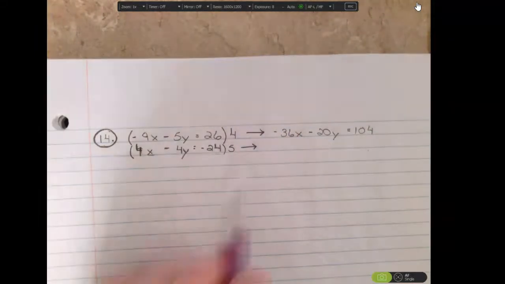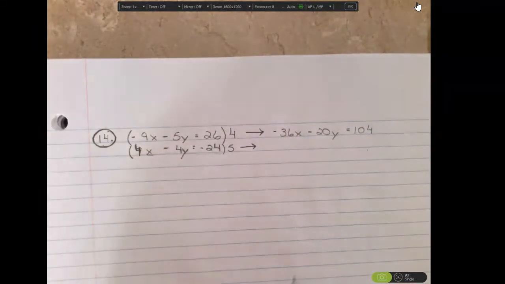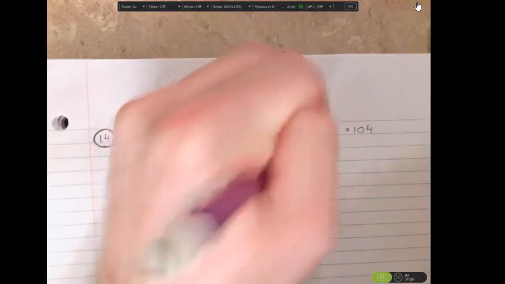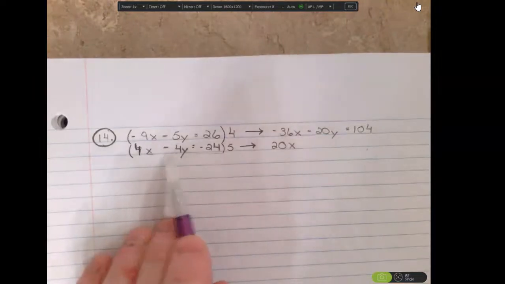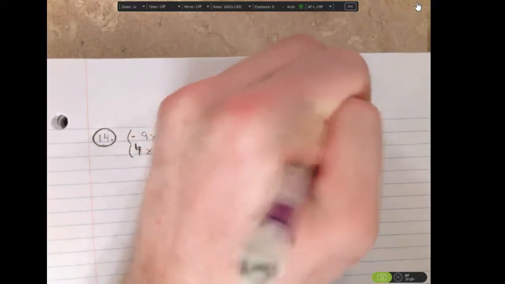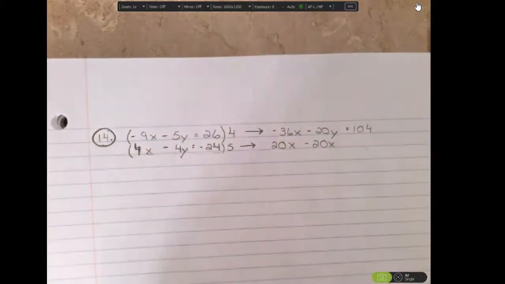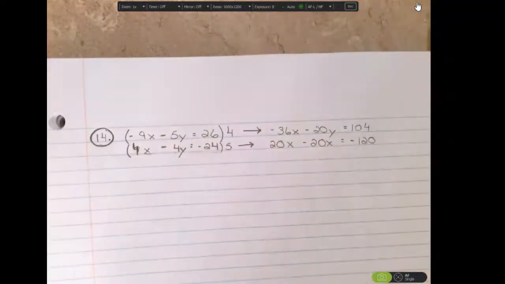So this time, 5 times 4x, that's going to be equal to 20x. 5 times negative 4y, that's going to be equal to negative 20y. And 5 times negative 24 is going to be equal to negative 120.